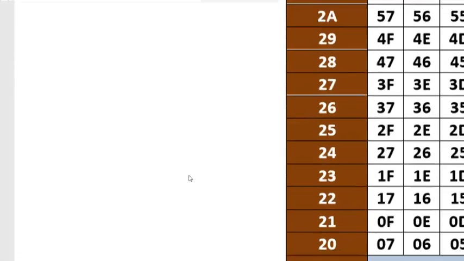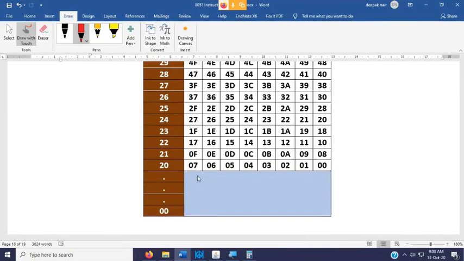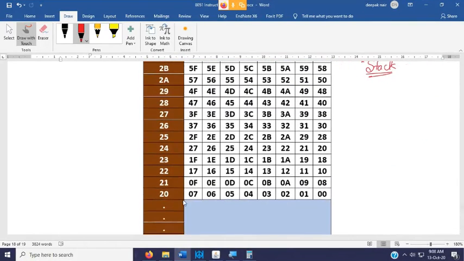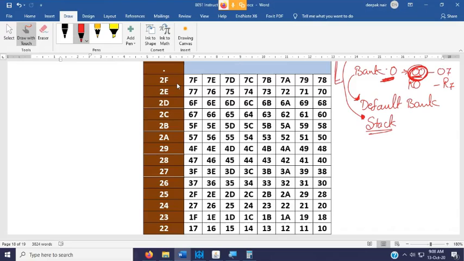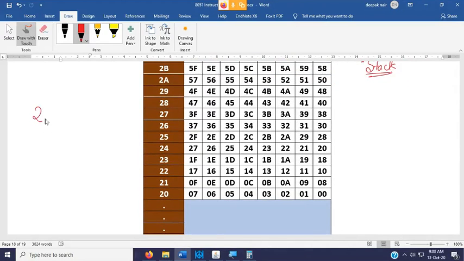There is something important to remember: addresses 20 to 2F can be accessed bitwise.